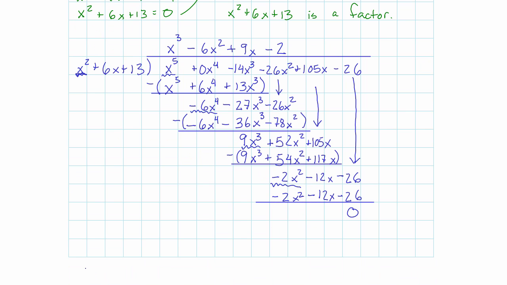So far, we've factored our polynomial as x minus our original imaginary root, x minus its conjugate, times now this new degree 3 thing, x to the third minus 6x squared plus 9x minus 2.